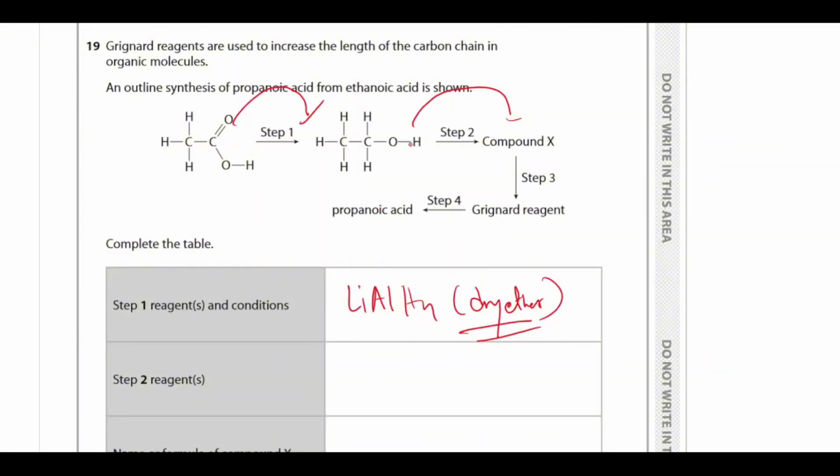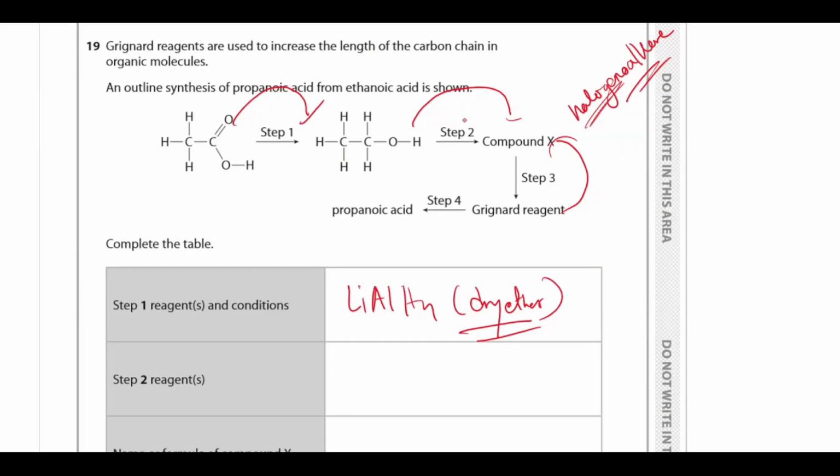If the Grignard reagent has been used, that means compound X is a halogenoalkane, because without the presence of a halogen in an organic compound, reacting it with Grignard reagent is impossible.